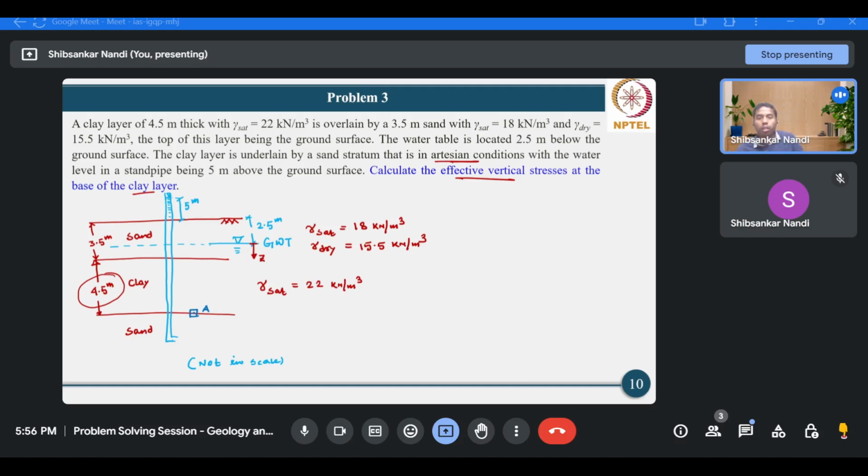So if we draw this, this is 10, and this is 130.